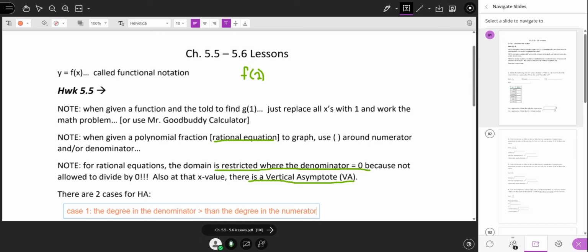In this case, the horizontal asymptote is y equals 0.